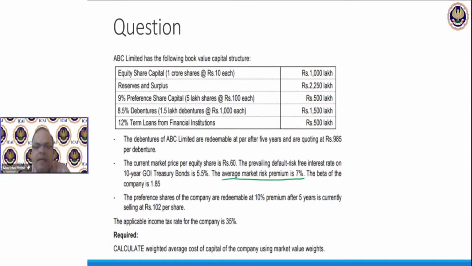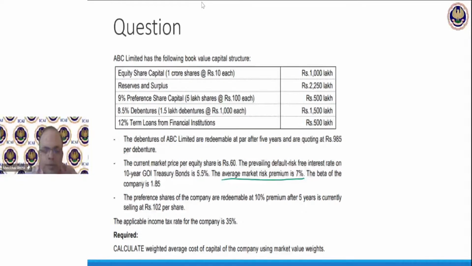And they've given us a tax rate also. What do they expect from us? Weighted average cost of capital of the company using market value weights. Wow. Market value weights. Now, what do we do here, guys? What should be our first step before we even go for weighted average cost of capital? Do you all agree that we need to go for individual components?